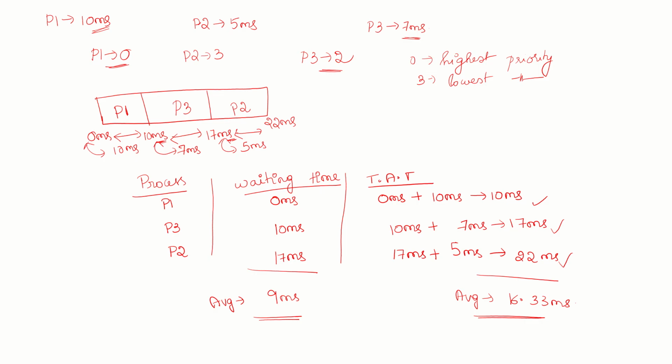Okay. Next, we will go for one more kind of algorithm. But here we have one more thing to consider. What is that one more special thing we are considering? That is preemption. Since I am focusing only on the numericals here, in brief, preemption means if one process is executing, we will stop the execution of that in the middle, and we will schedule one more process for execution.